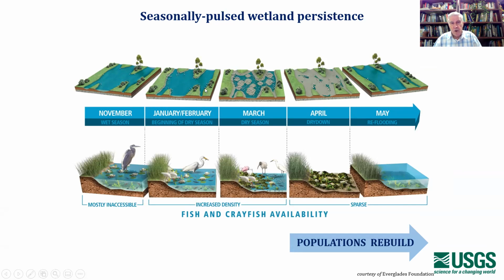As the dry season starts, around December or so, the water becomes constricted and the prey become concentrated. Then it dries out by about the end of April, or a lot of it dries out, not all, and then starts to flood again, the start of the next rainy season. So you can see here, with this increased density, these tactile feeders are finding a lot of prey.